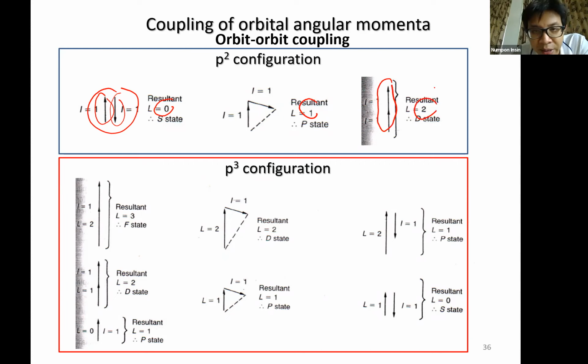This page is just to show you why 1 and 1 can result in many values, because it's combined by vectors. So it can get L equal to 2, which is the D state, or L equal to 0, which is the S state, and L equal to 1, which is the P state. Same thing with the P3 system, you can get a range of different states. You don't have to care much about this, just the image of why they result in many values, because they combine by vectors.